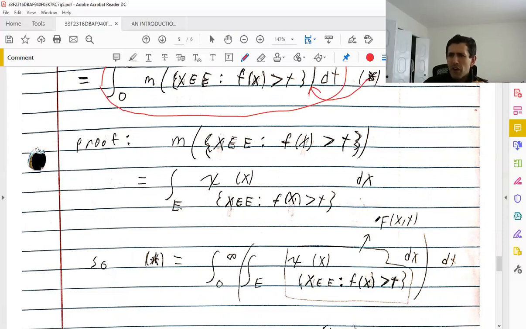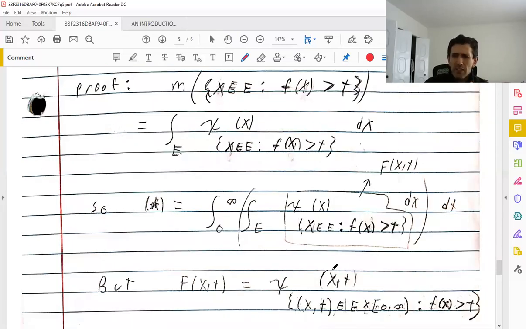In particular, let's define this characteristic function here to be big F of x, t, and notice that this is really a characteristic function of (x, t) in E times 0 to infinity, satisfying the condition that f of x is bigger than t. Now this set right here I mentioned is going to be measurable. That's exactly what is here.